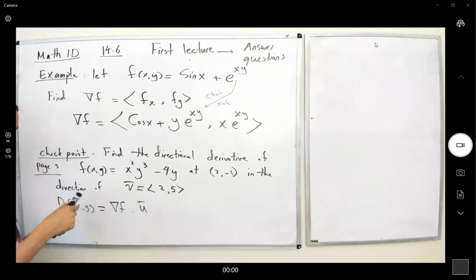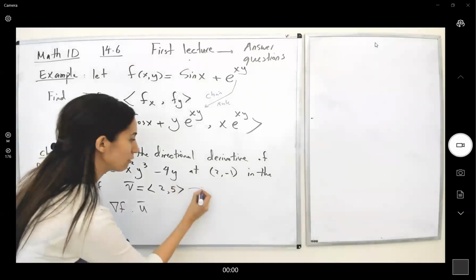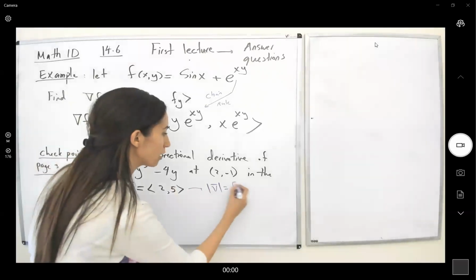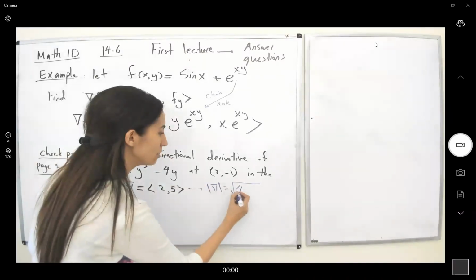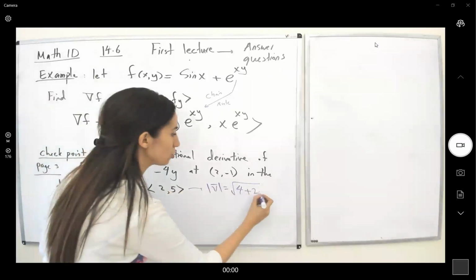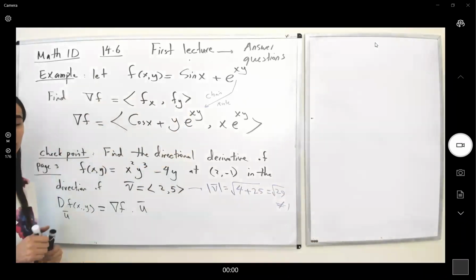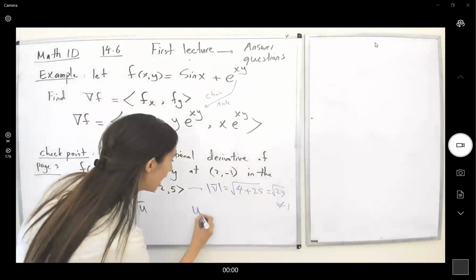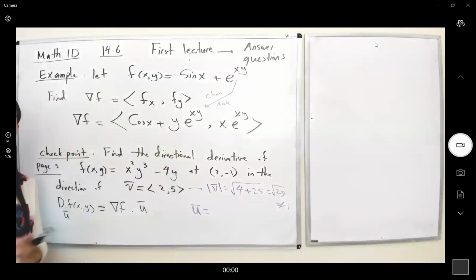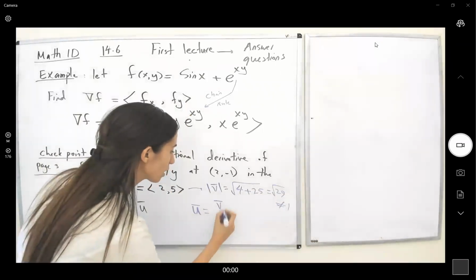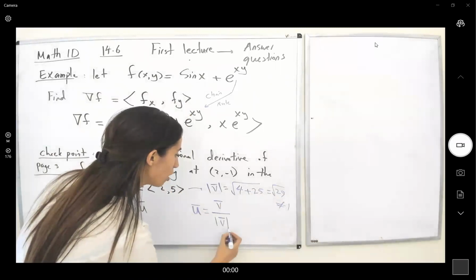Take a look at your v. The magnitude of v, the norm of v, is equal to the square root of 2 squared, 4, plus 5 squared, 25. So you get square root of 29, which is not equal to 1. So unfortunately, v is not a unit vector. We have to divide the coordinates of v by its magnitude to actually get a unit vector. This is equal to v divided by the magnitude of v.